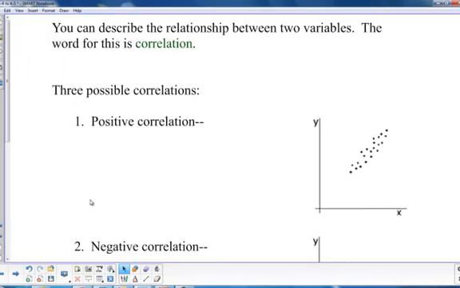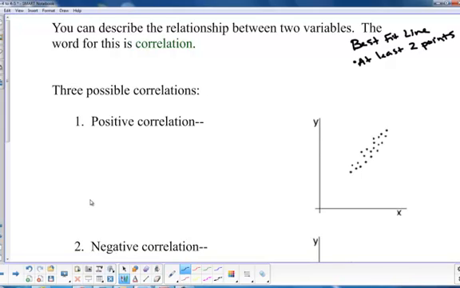So if we look at this positive correlation, we can draw some sort of best fit line that's showing this data. Now a best fit line has to hit at least 2 points. You want about the same number of points above and below.